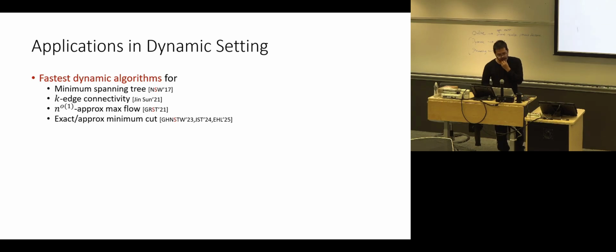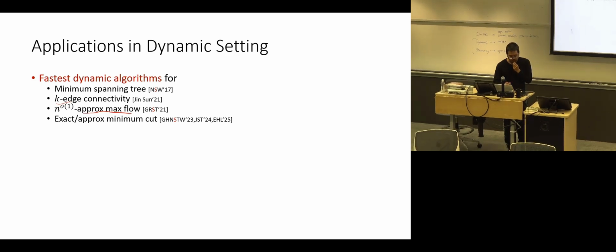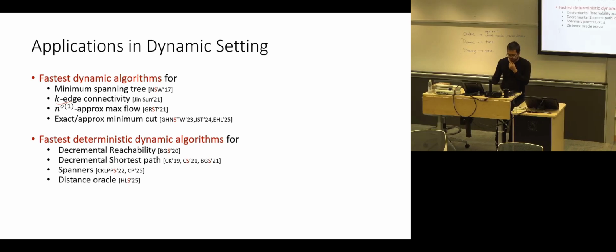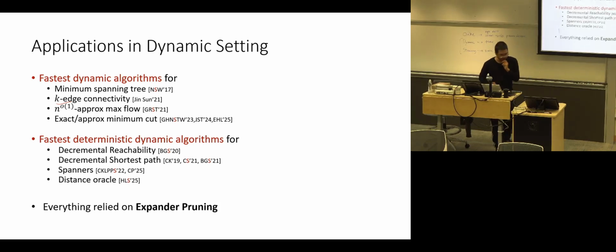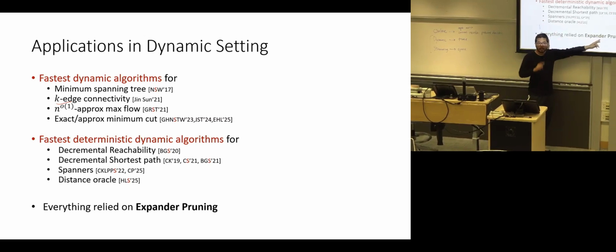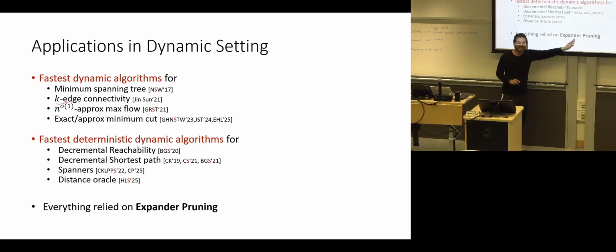Basically all kinds of things like minimum spanning tree, k-edge connectivity, approximate flow, and so on are based on expanders and other stuff. But everything here relies on something that I call expander pruning. We're going to see what this is.